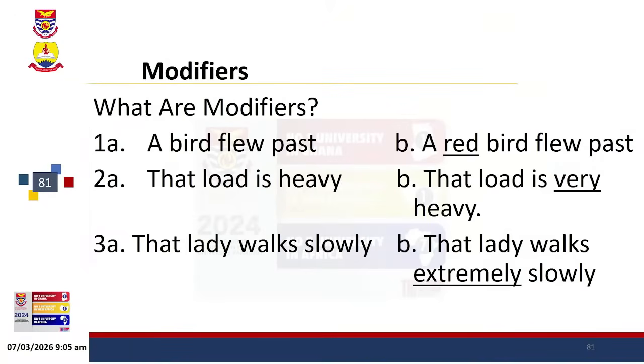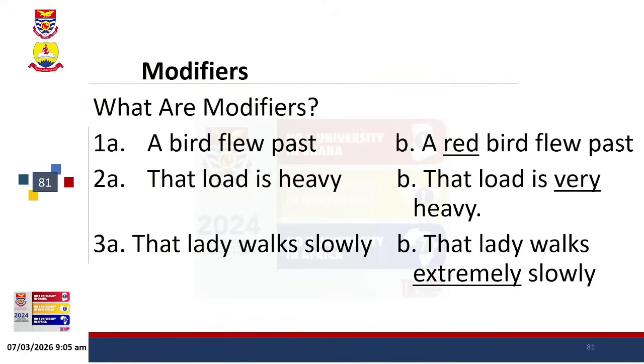Now, what do you think are the modifiers in these examples? A bird flew past. The load is heavy. The lady walks slowly. Now look at the other sentences. A red bird flew past. That load is very heavy.